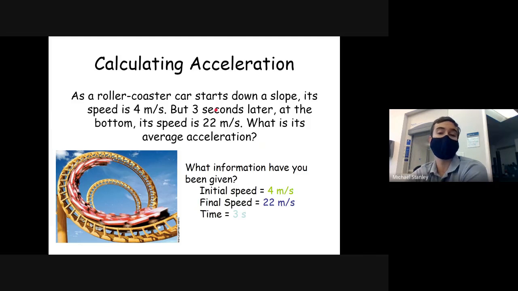So if we want to calculate the acceleration, we have to figure out our final speed, which is 22 meters per second, our initial speed, which starts at 4 meters per second, and how much time it took, 3 seconds.